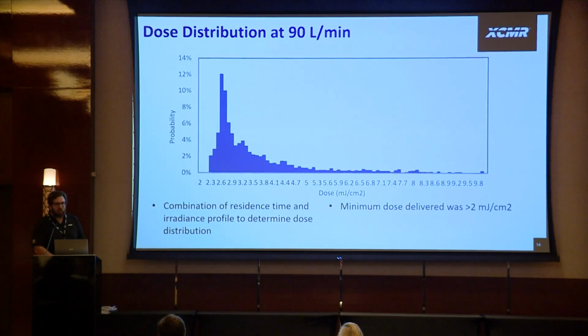Oftentimes when you're looking at flow through a system and you're talking about species transport, where you can treat the viruses as something microscopic transporting through the system, you usually see a log normal distribution of particles and things like that. So that would be my guess. I haven't actually done that analysis with this data, but that would be my expectation.